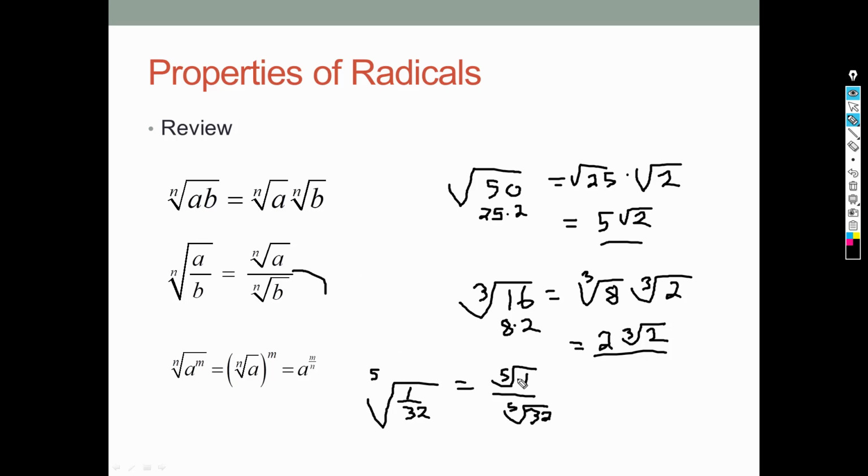We don't want a radical in the denominator. We could have a radical in the numerator, that's okay, but not in the denominator. So the fifth root of 1 is 1, because 1 to the fifth is 1. And of course 32 is the same thing as 2 to the fifth. So it's a perfect fifth power, and this gives me 2.